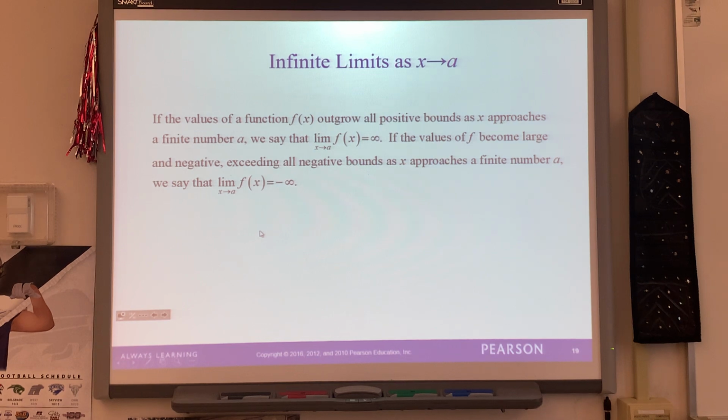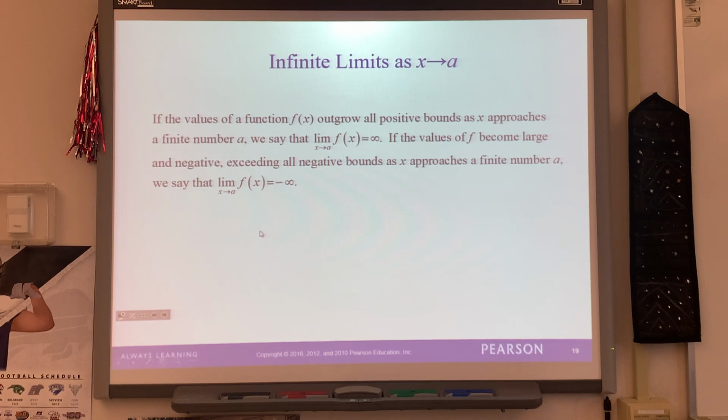Okay, so if the values of a function f of x outgrow all positive bounds, so this is now dealing with infinite limits, as the title says, as x approaches a. So we're not talking at this point about x approaching positive infinity or negative infinity. Now we're talking that the actual limit grows without bound.